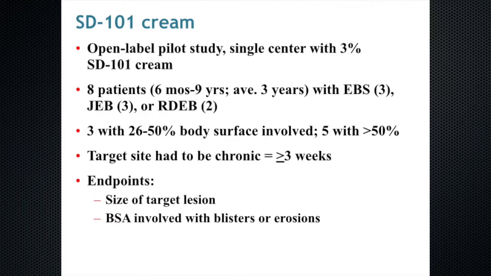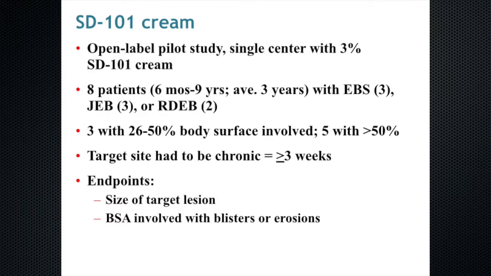That was with a 3% SD101 cream, in which we looked at 8 patients, average age 3 years, with a variety of different types of EB, just for the first time to get an idea whether this might be worth pursuing in the real type of study, not open label, but the double-blind, randomized control type of study.